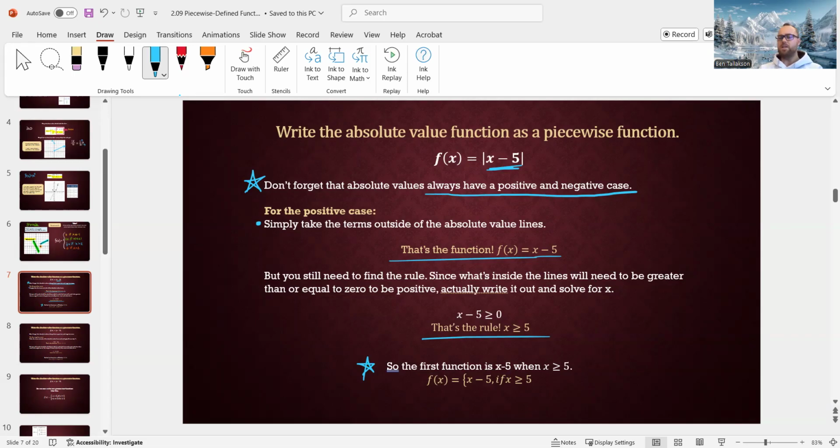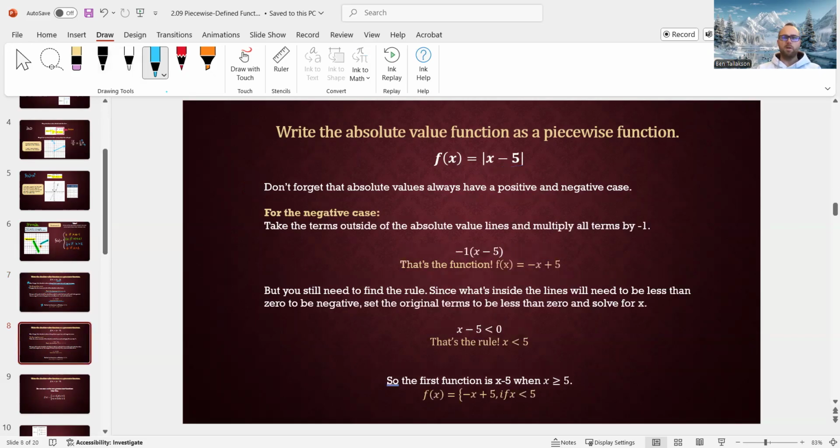We're going to come up with the second part to our piecewise function now, because remember, there is also a negative case. For the negative case, once again, take the x minus 5 out of the absolute value, or whatever happens to be inside. In this case, it's x minus 5, and multiply all terms by -1.